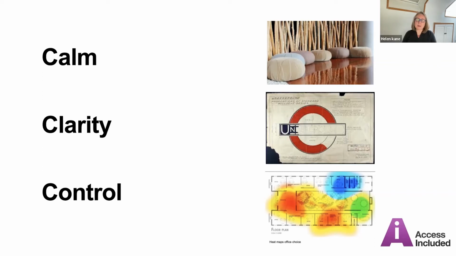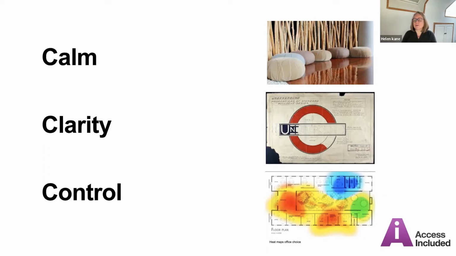Clarity, the picture there is of the London Underground font, which was developed specially for clarity, so that you have decision points and reassurance points, and everything is really easy to read, really clear, with a contrasted background, and it's acknowledged worldwide as being a really, really good font.